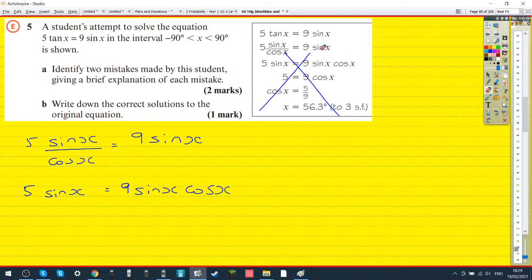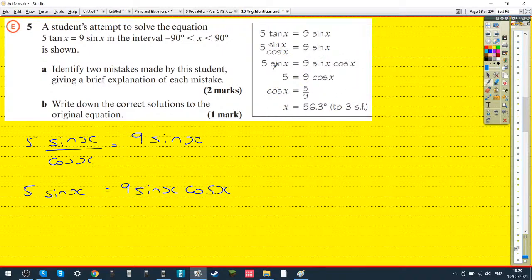So here's what they did. They divided both sides by cos x.